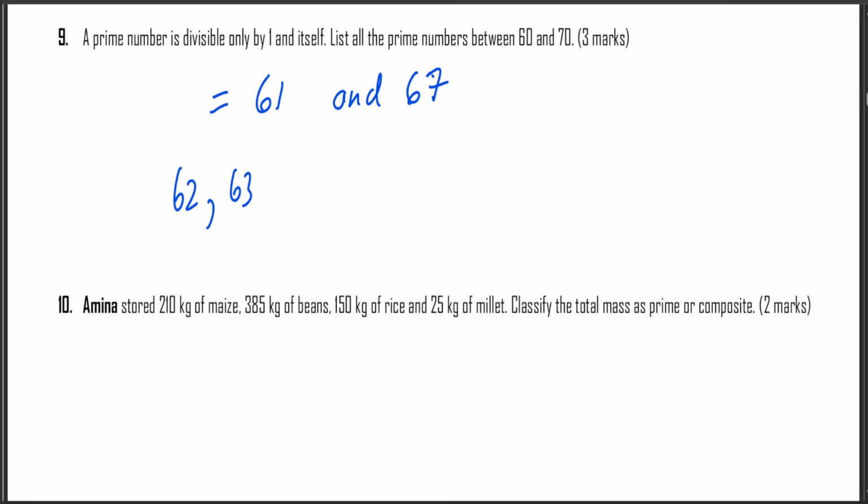You can divide by 3, besides itself and 1. 64 also is an even number. 65 can be divided by 5, so it's not a prime number. 66 is an even number. 67 is a prime number because you can divide it only by 1 and itself. You don't have any other number. 68 is not. 69 is not a prime number. And also 70 is not a prime number. So you are just left with 61 and 67 at the end of the day. So those are your answers.